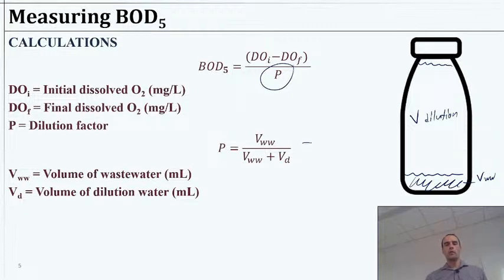So this is V wastewater, or it could be like a river or lake sample. It doesn't have to be wastewater, but usually it would be, divided by V total.